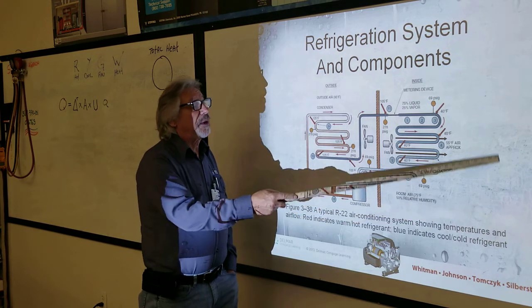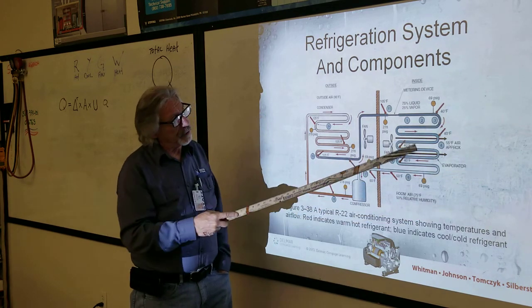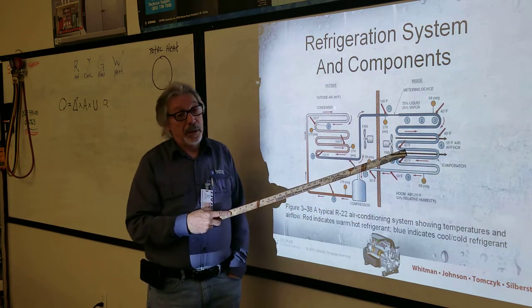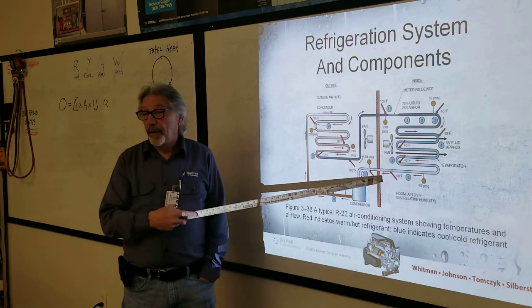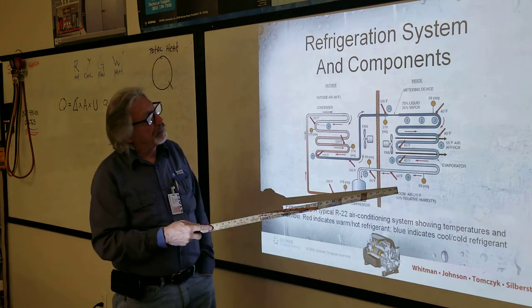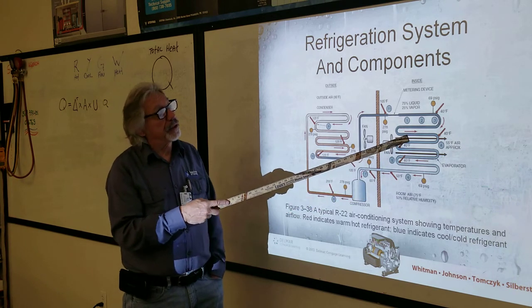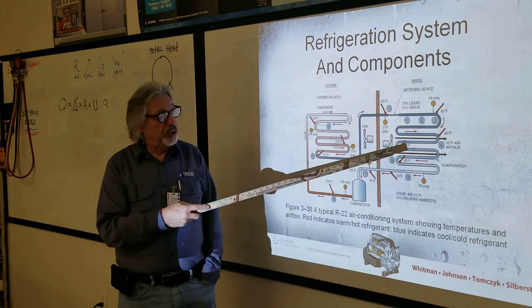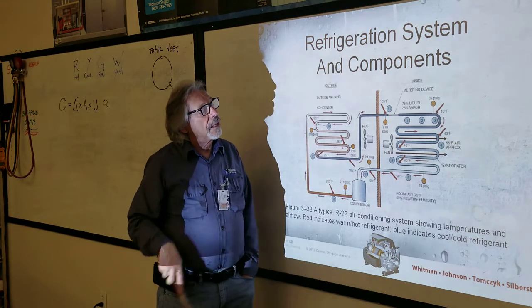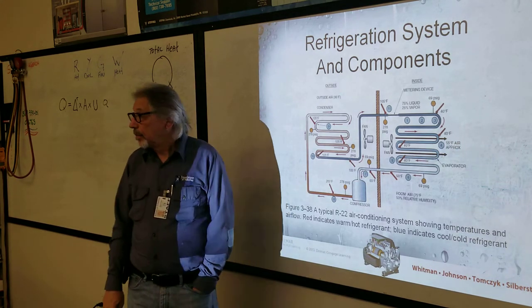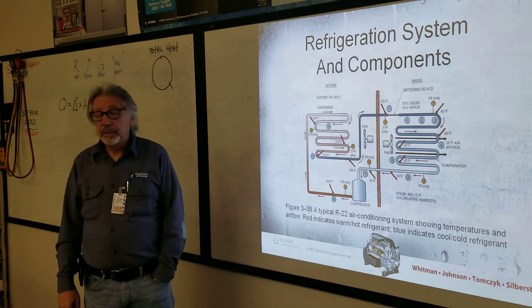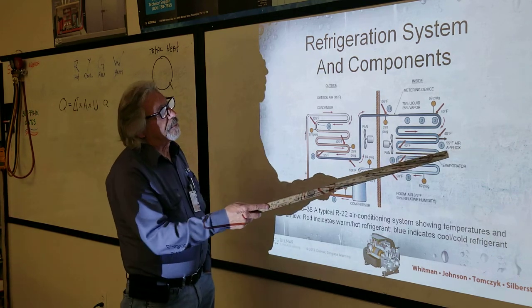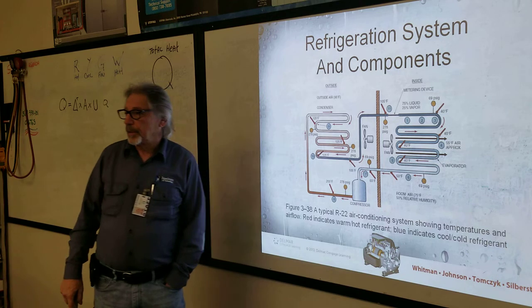So you have 75 degree air blowing over this coil, which is what temperature? 40 degrees, right? So you have a delta T of 35, right? Okay, so the higher the delta T, the faster the heat transfer.